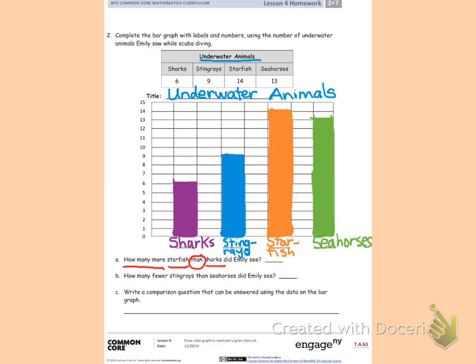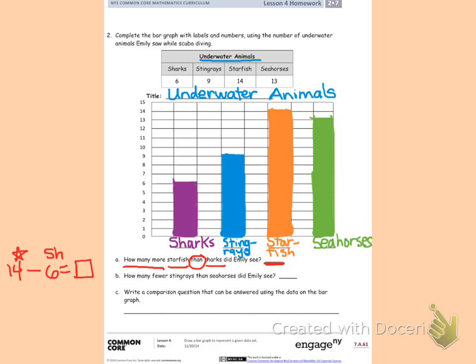I think I'll just go ahead and put a star here to represent starfish, and I'll put 14. And then sharks has a 6, so I'll put an SH for sharks. Once I subtract those two, the answer will go on line A, right here.